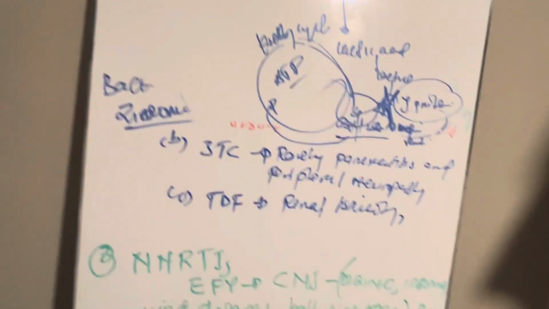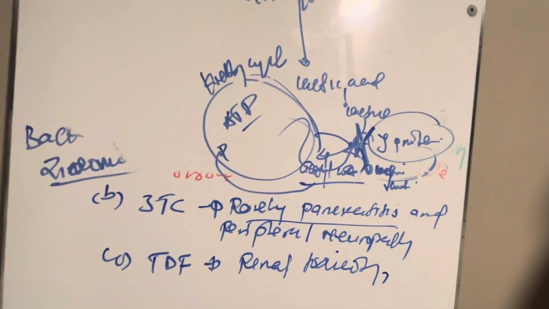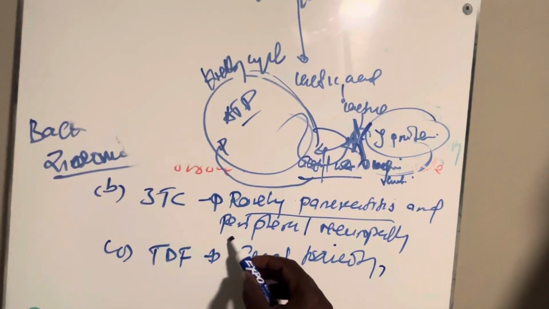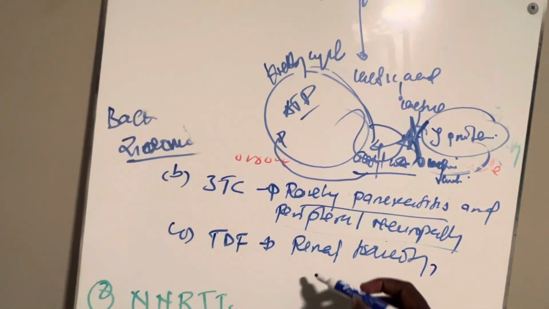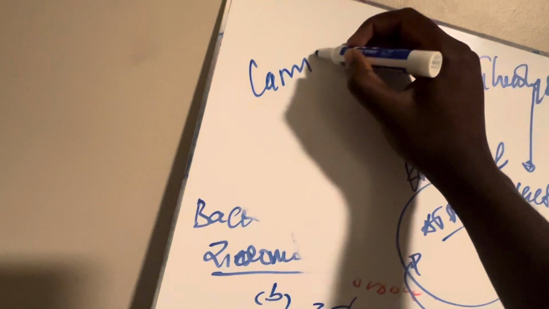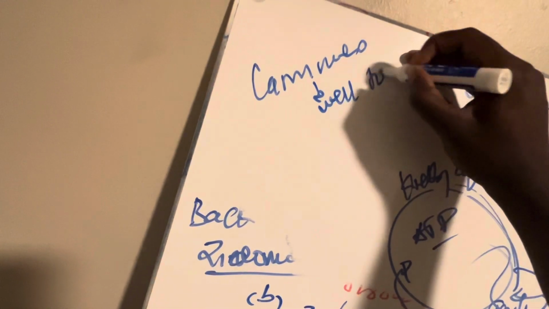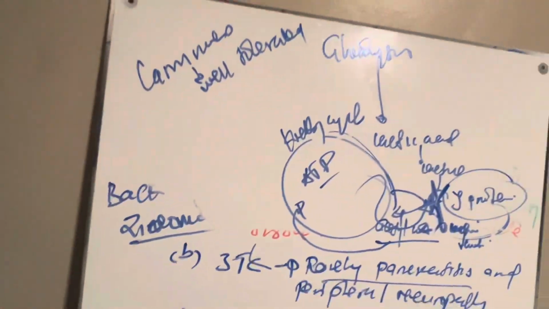And then 3TC can rarely cause pancreatitis, which is the inflammation of the pancreas, and peripheral neuropathy. But 3TC, which is lamivudine, is usually well tolerated.